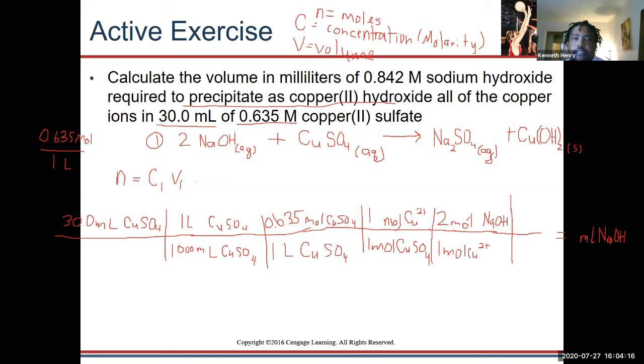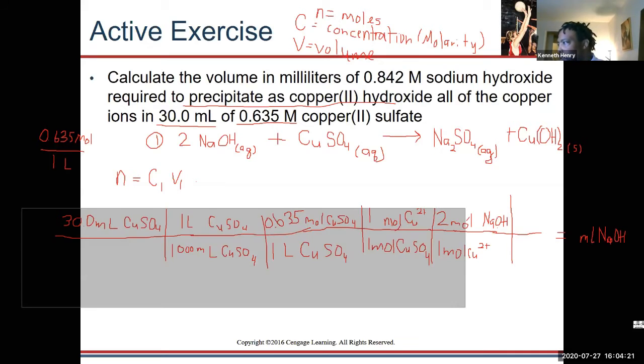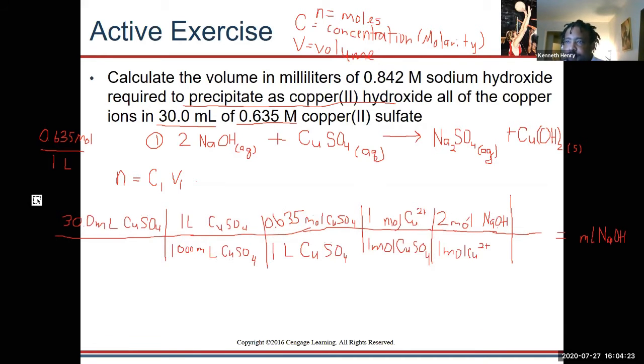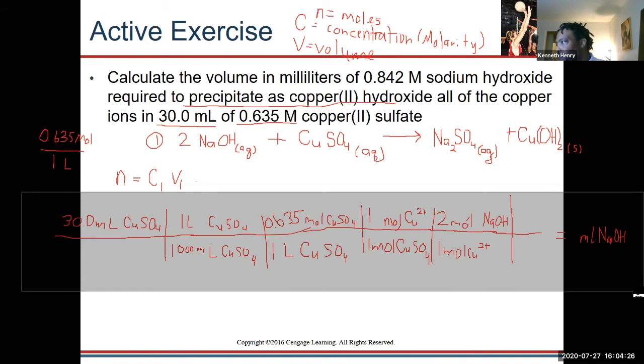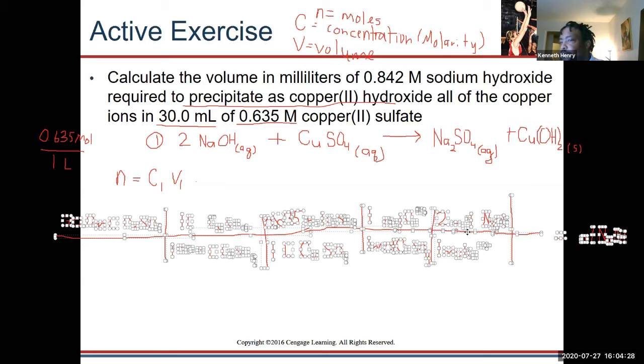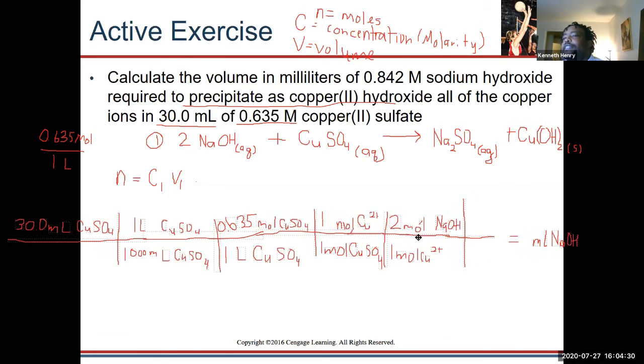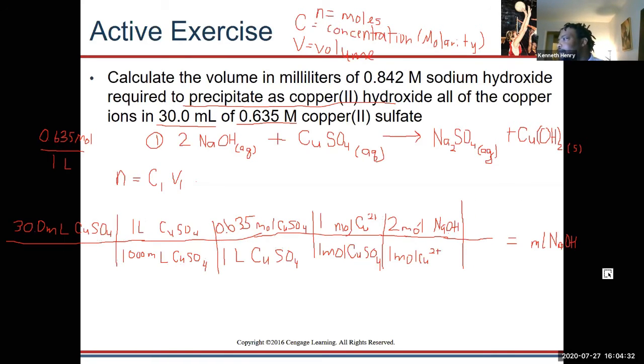We have room here. So what do I need to do next? How do I get from moles to milliliters, or to a volume? Do we put the moles over liters again? Moles over liters. So where are we going to get that from? Would that be the 0.842?